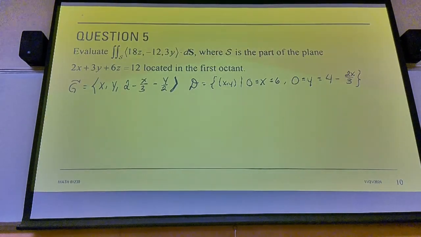Now we need the normal vector. This is where orientation matters. You have two orientations, outward pointing and inward pointing.